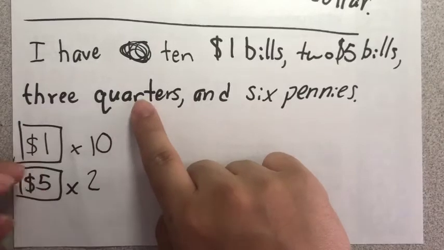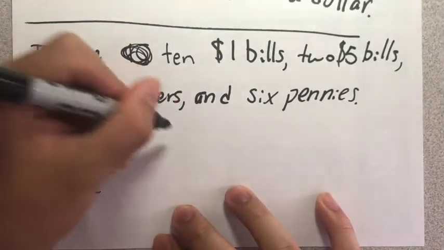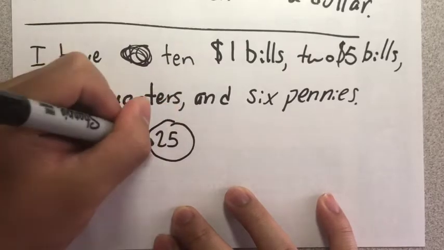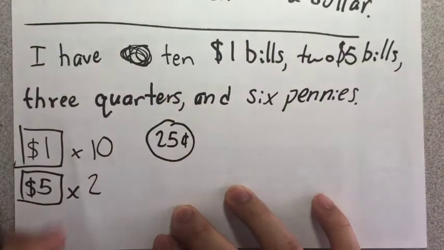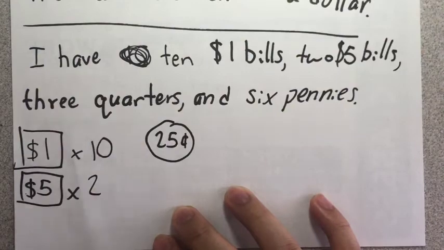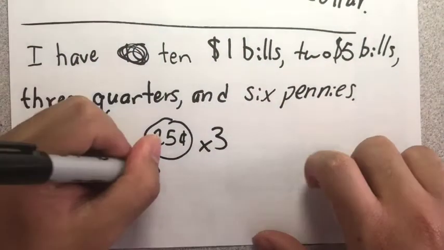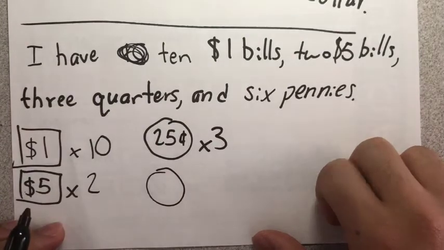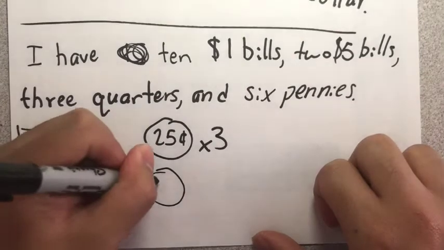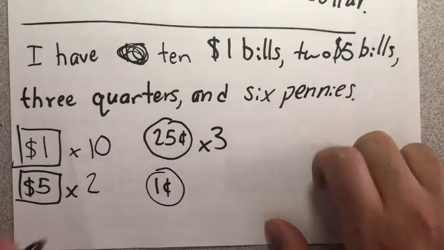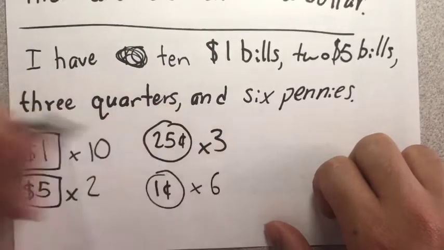How much is a quarter worth? A quarter is worth 25 cents. How many quarters do I have? I have 3 quarters. And then pennies. How much is a penny worth? A penny is worth 1 cent. How many pennies do I have? I have 6 pennies.